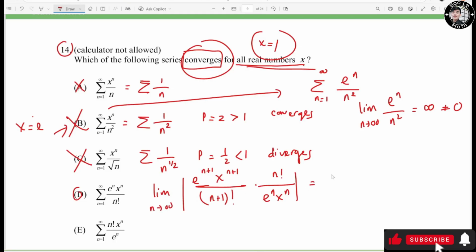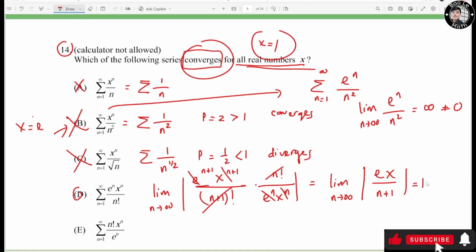Now we're going to simplify this one, so the limit when n approaches infinity of this cancels out, so we have e, right? This cancels out, we have s right here, right? This cancels out. Now since n approaches infinity, s is not related, so we put s in the front, right?